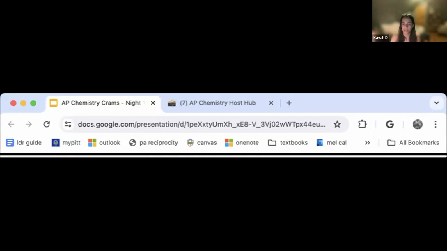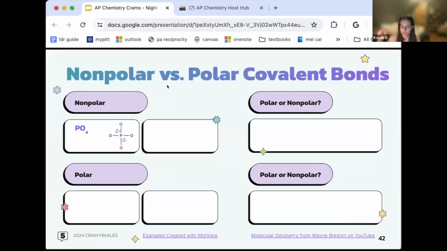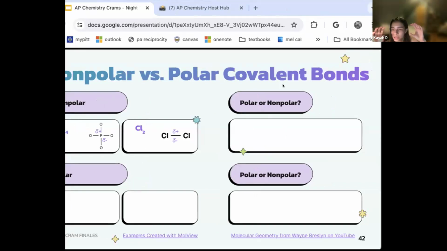It's not evenly split like something like PO4, for example, where the phosphorus will be in the center and the oxygens will be on all four sides. That's different. And it doesn't have to be on all four sides. For example, Cl2 is also a nonpolar situation because it's evenly split, so you don't have that drastic partially positive and partially negative charge.